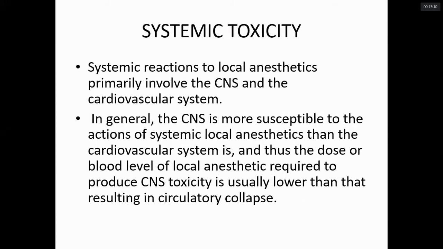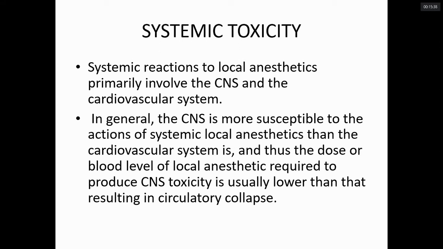Systemic toxicity. Systemic toxic reactions of local anesthesia primarily involve the CNS and cardiovascular system, because both the CNS and cardiovascular system are dependent upon the action potential and electrical activity. In general, the CNS is more susceptible to actions of systemic local anesthetic than the cardiovascular system.